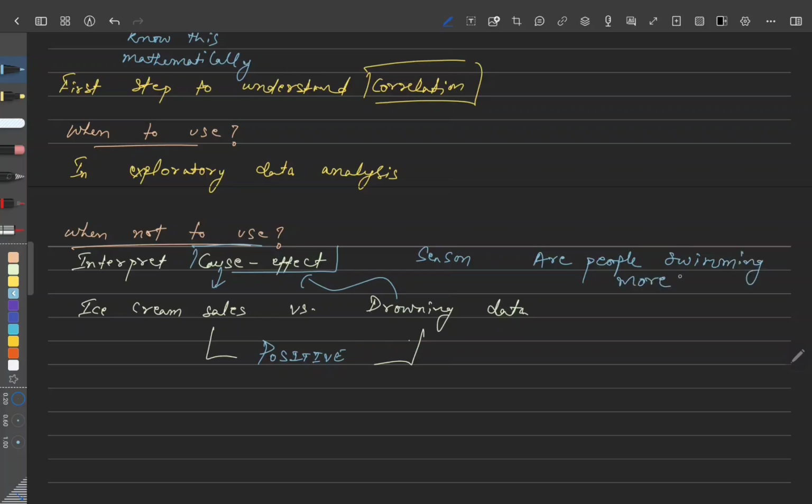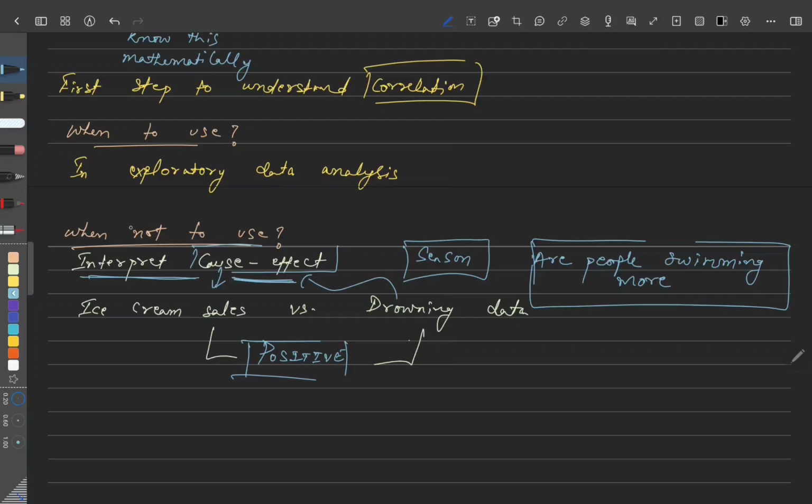If you do not have access to this data or more data, then you cannot simply conclude just by seeing covariance, which is positive, that these two variables are related to each other, that eating more ice cream or increasing ice cream sales is causing people to drown. That is the incorrect interpretation. This is what we mean when we say cause effect. So you should not use covariance to interpret cause effect relationship.